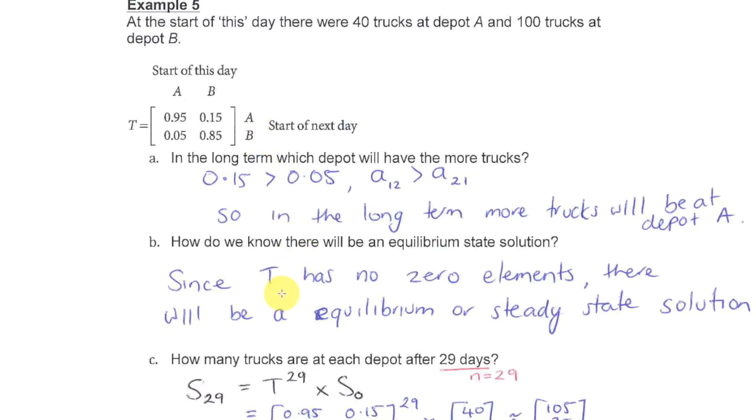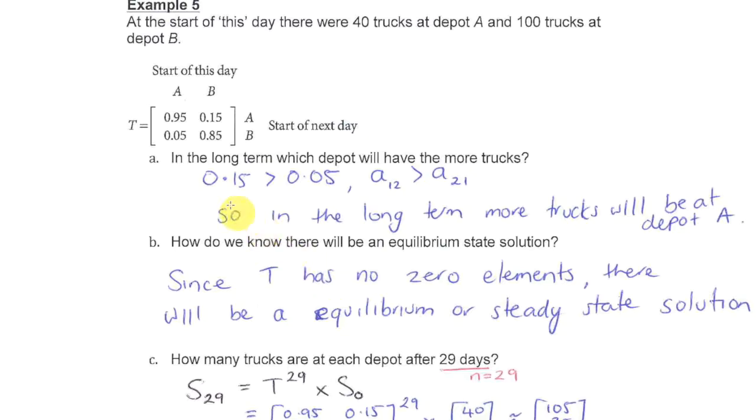How do we know there will be an equilibrium state solution? So how do we know there will be a steady state? In other words, how do we know that eventually there will be a certain number of trucks at A and a certain number of trucks at B, and regardless of how many transitions we do after that, it'll still be those same figures?